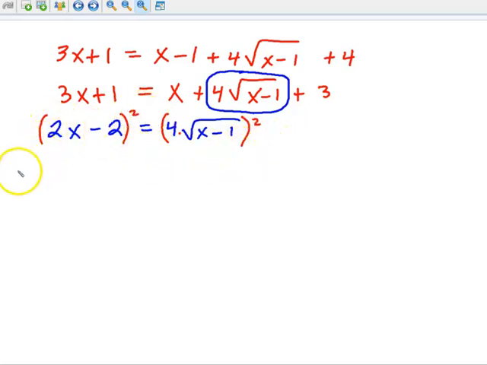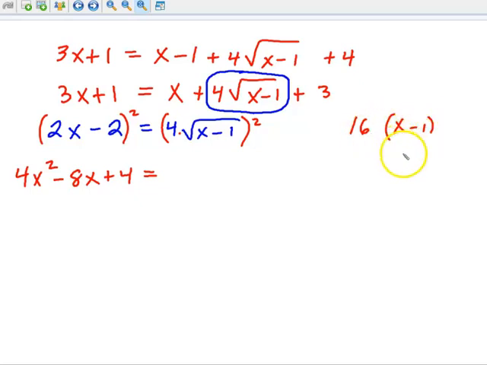So first term squared, that's 4x squared. Multiply the terms together, that's negative 4x times 2, which is negative 8x. And then square the last, that's plus 4. I'll come over here to the side for just a second. Square the 4, square the radical, and then multiply those together.